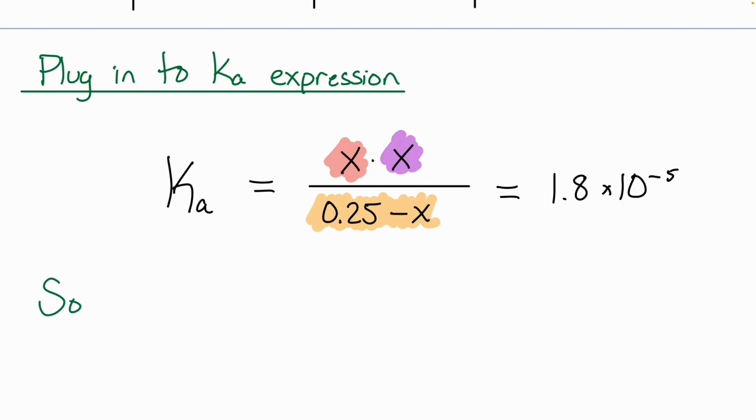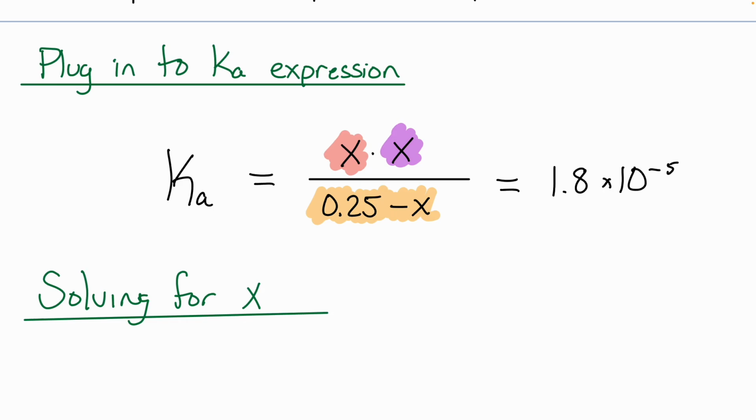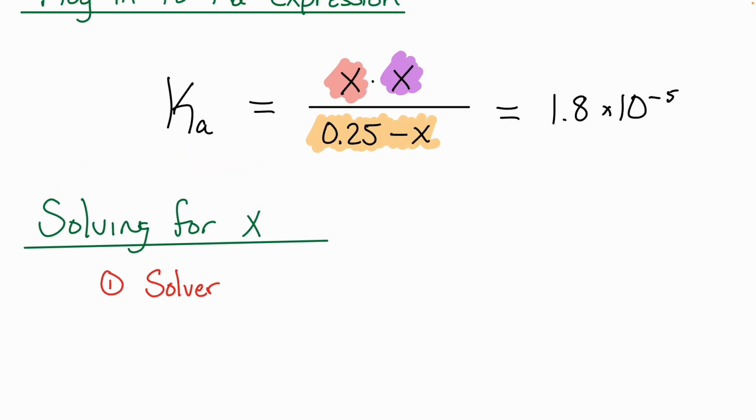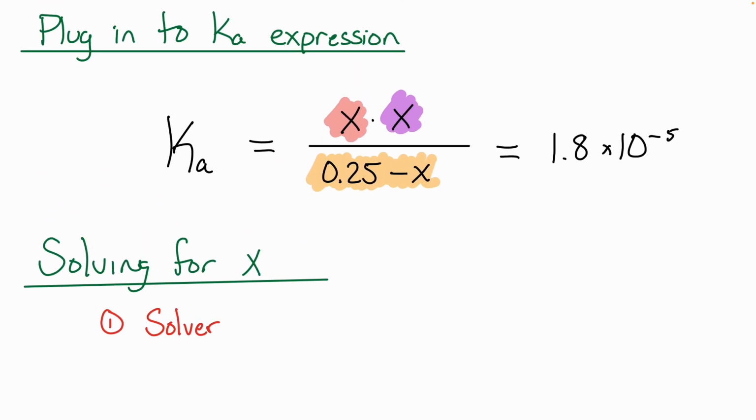This is solving for X. All right, method 1, you can use that solver. I'm going to have certain homework problems where you're going to be forced to use your solver here. Remember, I showed how to do it on my calculator. I'm happy to help you try to figure out how to do it on your calculator. And importantly, there's that website that everybody has access to that you can use as well for your homework. So that'd be method 1. We could punch this into our calculator here and get that value for X.